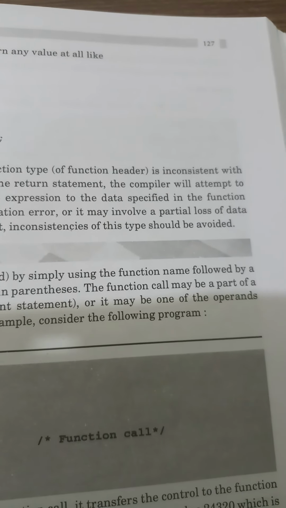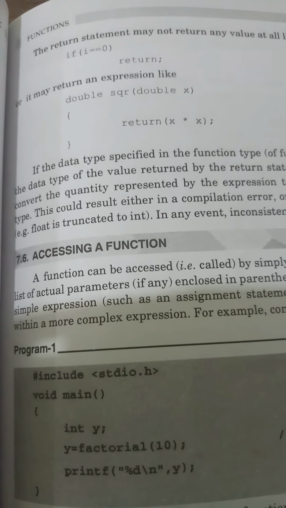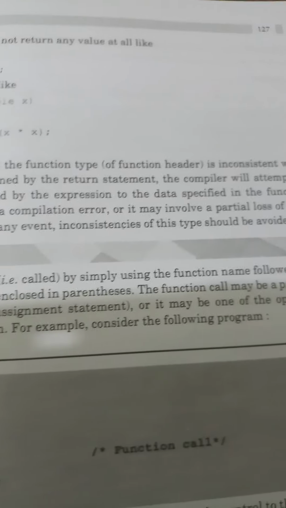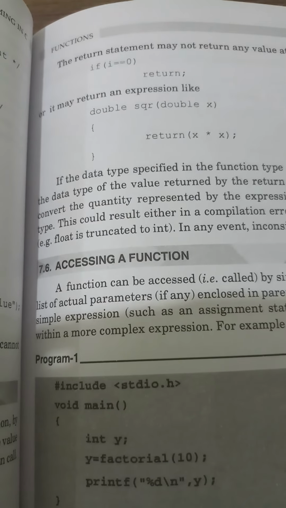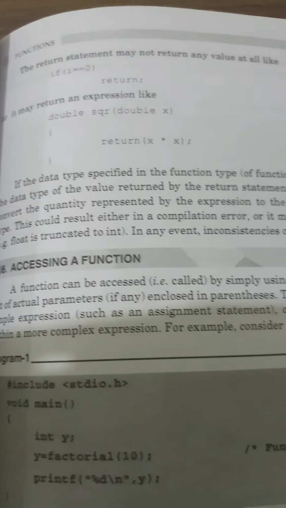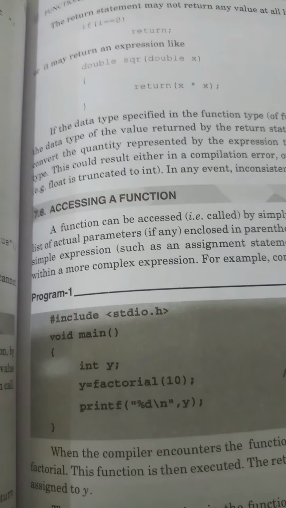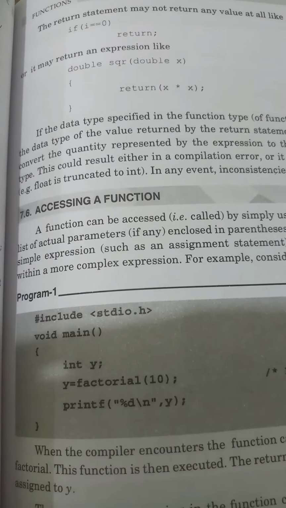The function call may be a part of a simple expression such as an assignment statement, or it may be one of the operands within a more complex expression. For example, consider the following program. #include <stdio.h> void main.